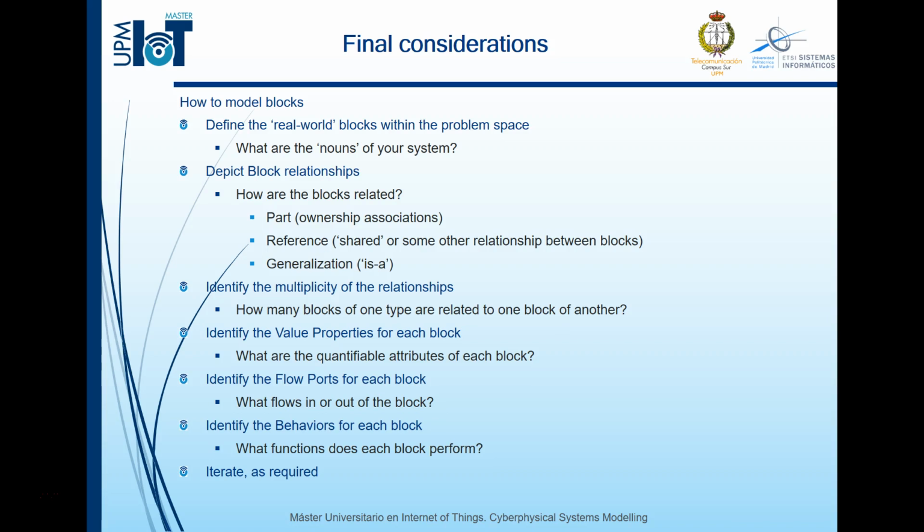That means the elements that are flowing out and flowing in from outside. Identify behavior, and of course, at internal block definition, don't forget to identify connectors and flow and item flows. And that's all. It's the things you have to do in your lab assignment.